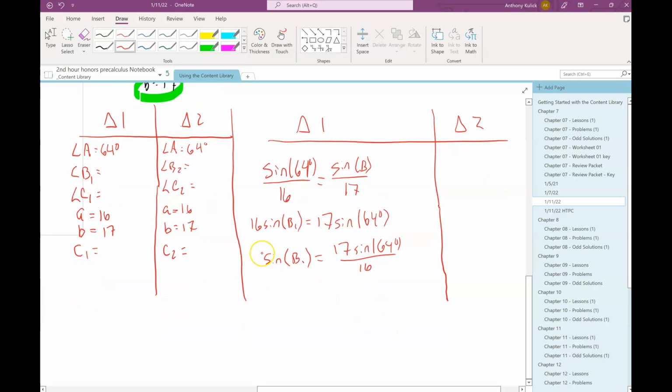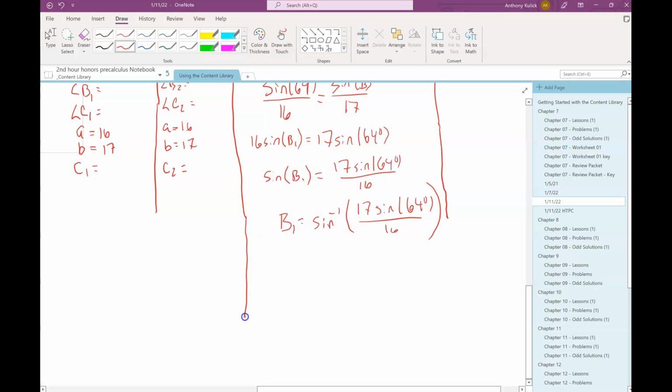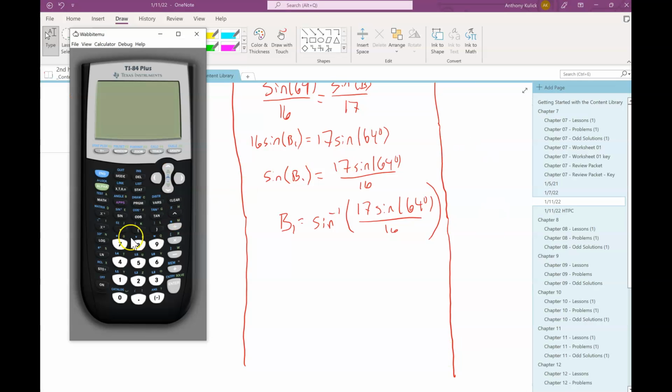And then to get rid of the sine in front of the B1, we use sine inverse. So I'll go to my calculator here.